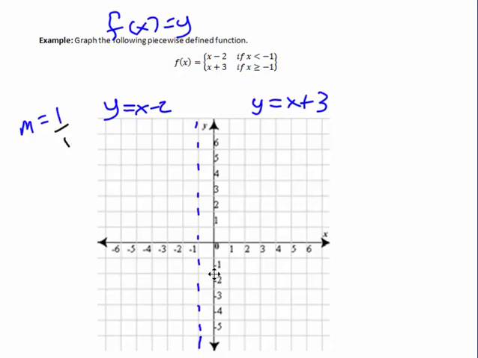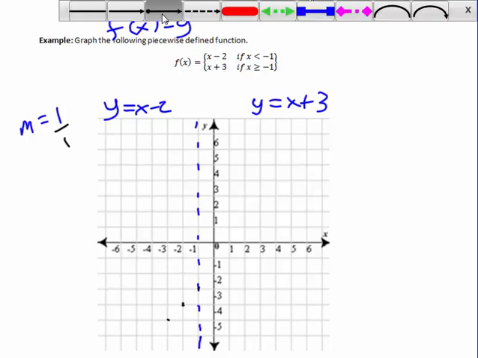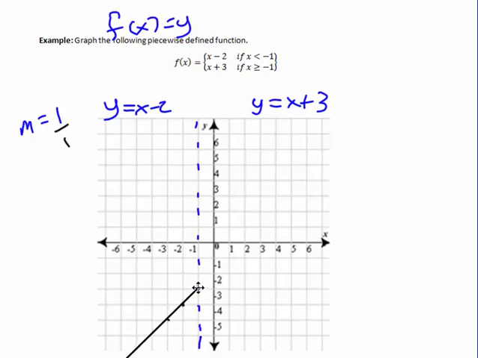So I would start at -2, go up 1 over 1, but I can't go to the right. This graph only happens on the left-hand side of the domain. So I'm going to go down 1 and to the left 1, and then down one to the left one. And this gives me my graph.